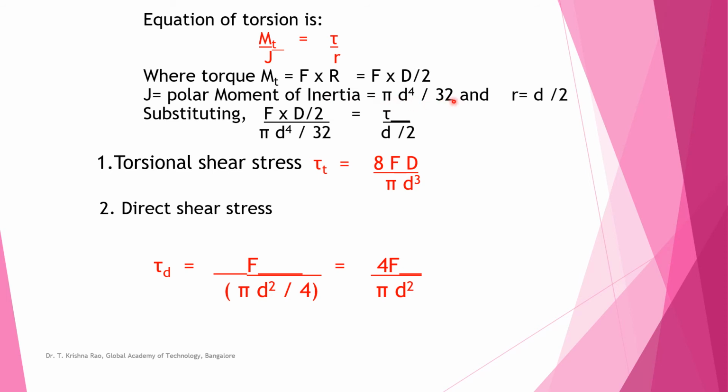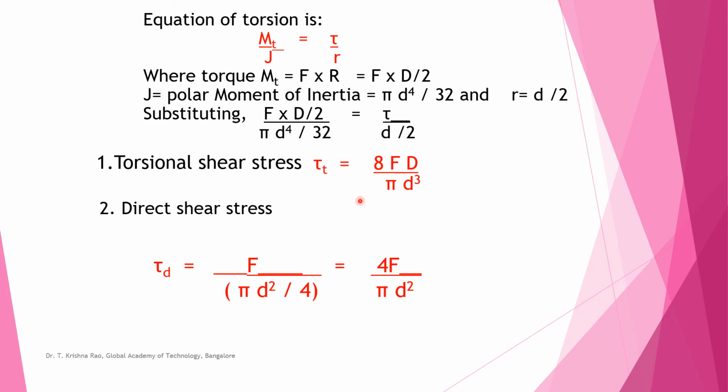For a circular cross section, J is pi d power 4 by 32, and R is the radius, kept as small d by 2, always small d by 2. Substitute all this in this equation. Torque F into D by 2, then J value, then tau by d by 2. Simplify this, we get the torsional shear stress given by 8FD by pi d cube is the stress because of the torque.